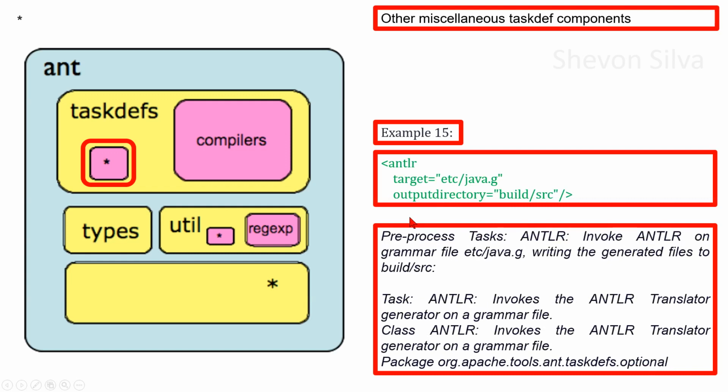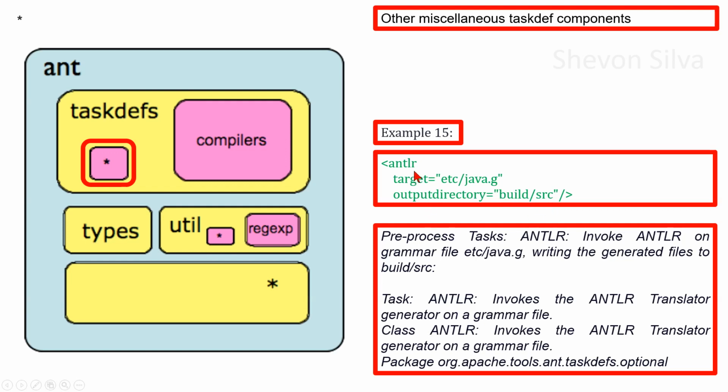Now we are considering ANTLR in preprocessed tasks. Here, invoke ANTLR on a grammar file etc/java.g, writing the generated files to build/src.